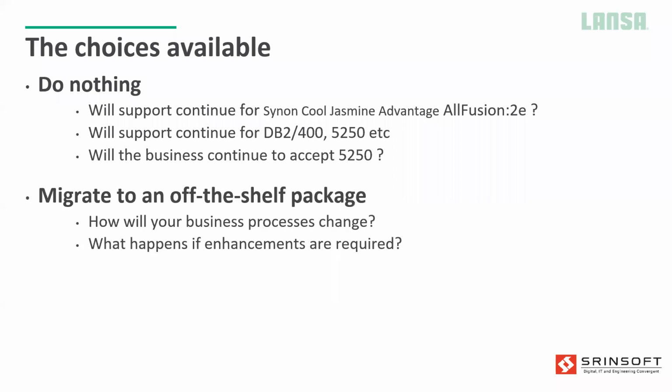You could also migrate to an off-the-shelf package, but will you need to change your business process to fit the new system, or can it be adapted to meet your requirements? If so, who does this, and how much will it cost? Now, if further enhancements are required, who will make those changes?